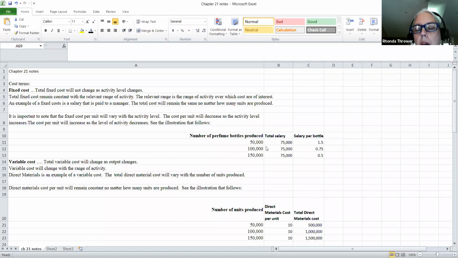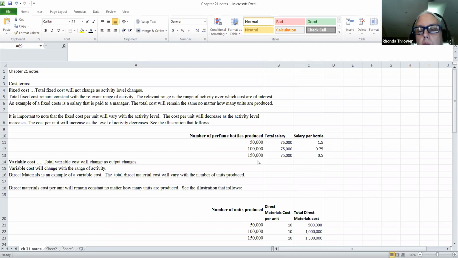But notice what happens if we produce 100,000 units. Our level of units has increased, our salary remained the same, so the salary per bottle is going to go down, or our fixed cost per unit is going to go down to 75 cents. The more units that we produce, the more the fixed cost per unit will go down.